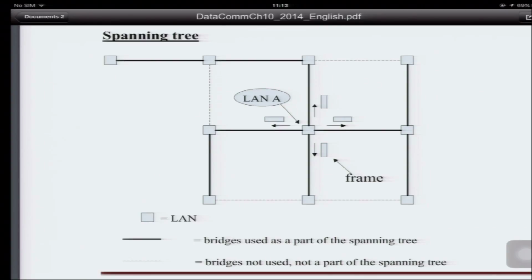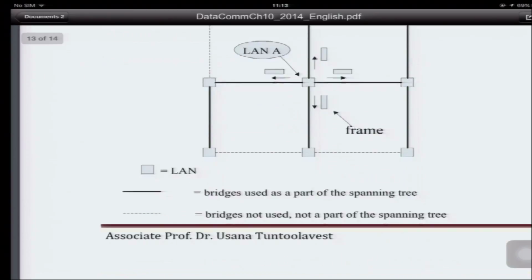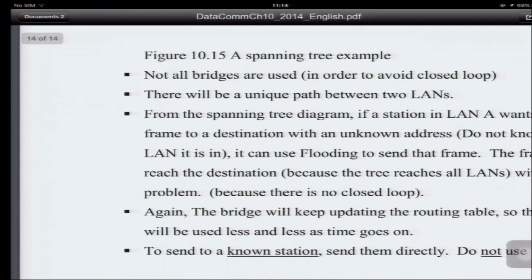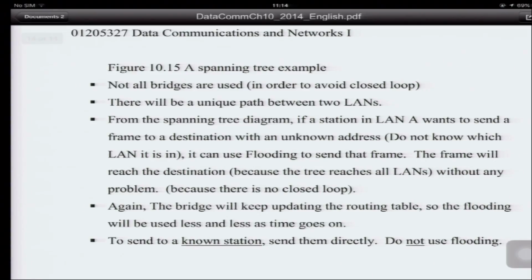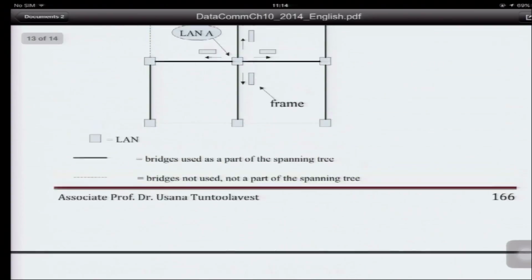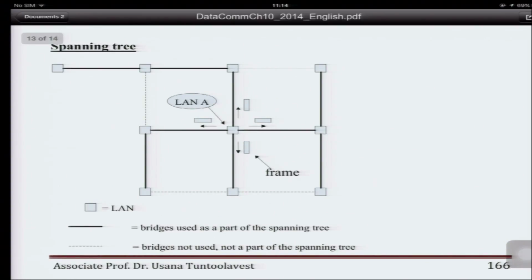After it updates the routing table, the flooding algorithm will be used less and less, until there's no need to use flooding anymore because you will send to a known destination directly. So if LAN A wants to send to something on the bottom LAN, it just goes that way directly, after you have the routing table already.